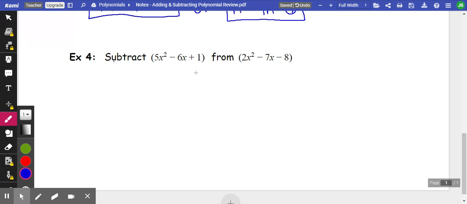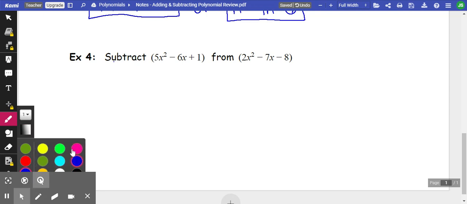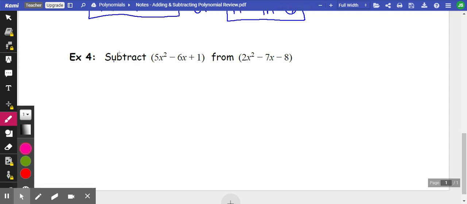You might remember early on this year that we called this a turnaround phrase, where we switched the order. All that means is that when you're subtracting from something, that second polynomial is actually what goes first. And we've got to turn around this problem.